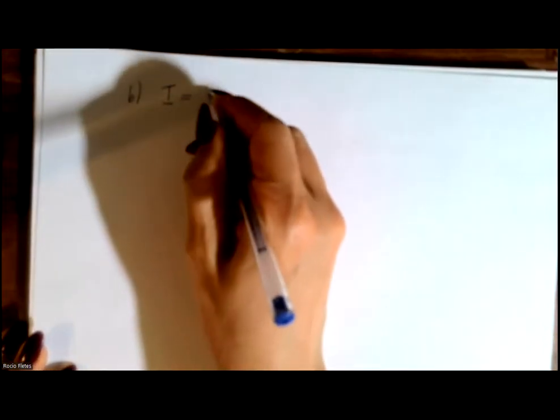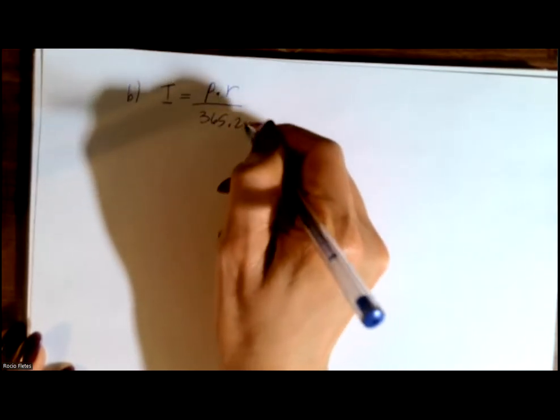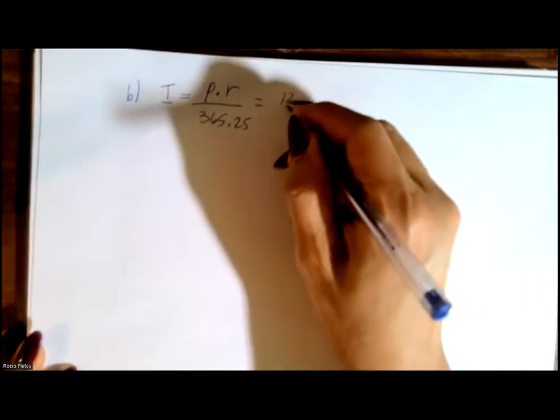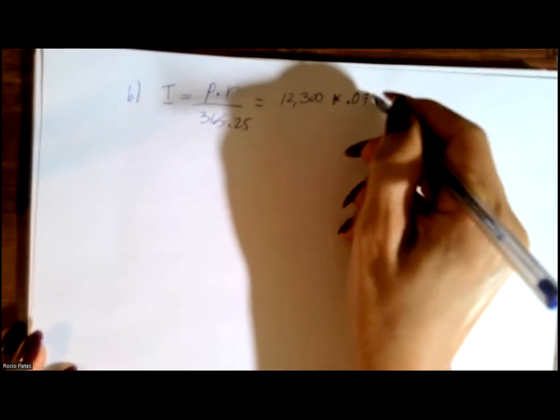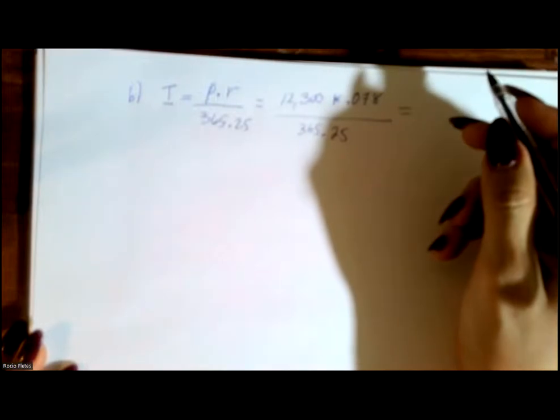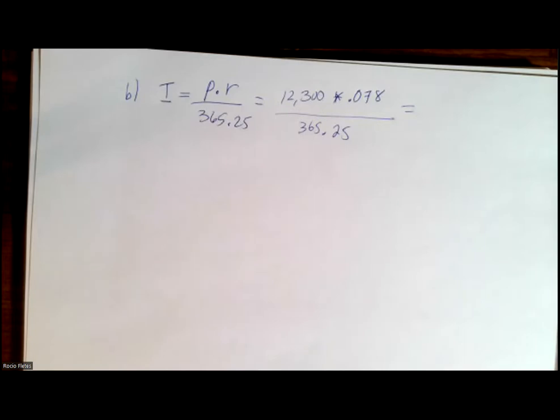So for part B here, remember it's 55 months and the principal. So let's figure out the daily interest, which is P times R divided by 365.25. The principal is 12,300 times 0.078 because the interest rate is 7.8%. And if you divide by 365.25, remember to round to the nearest cent.